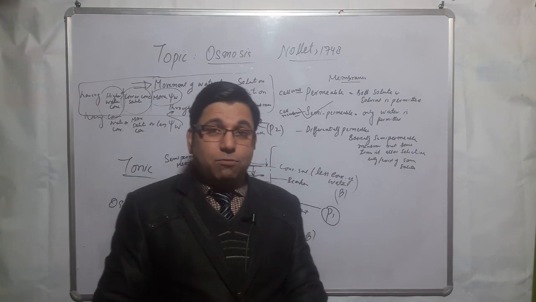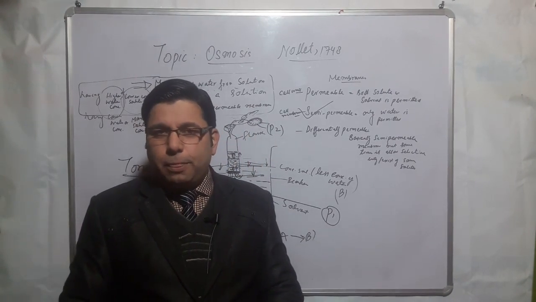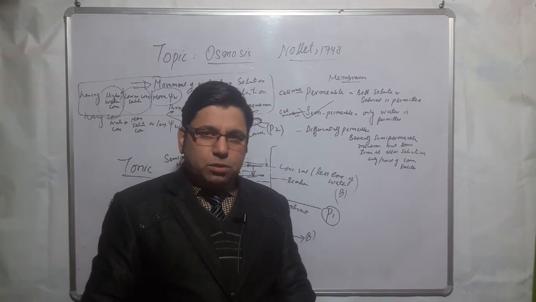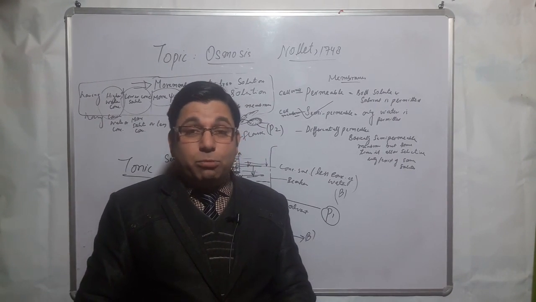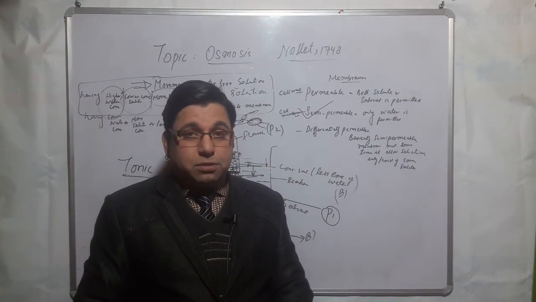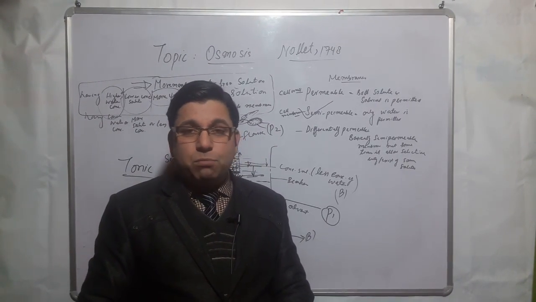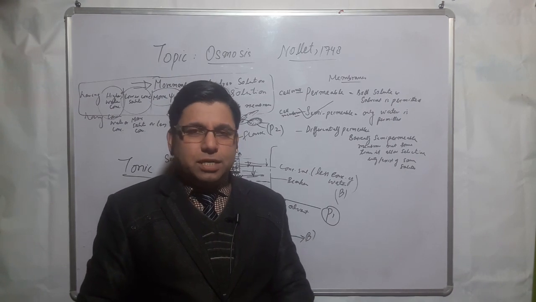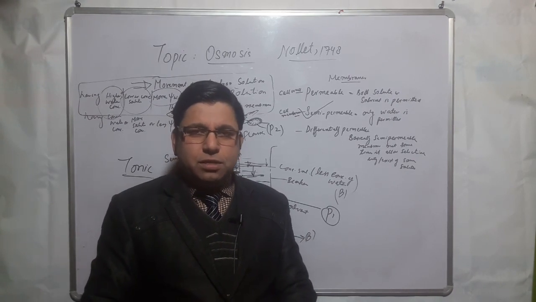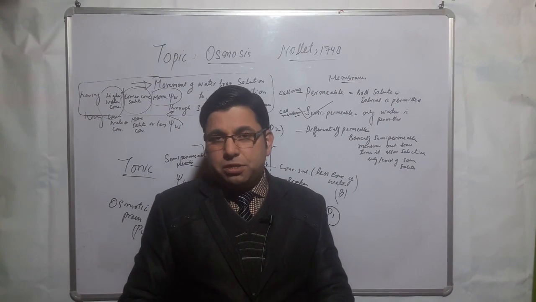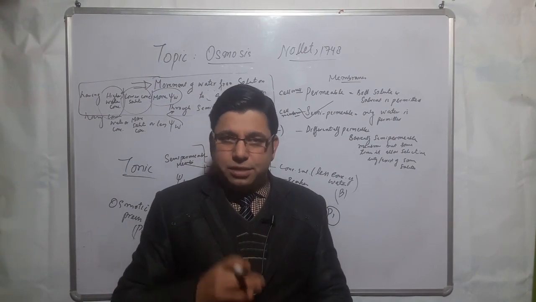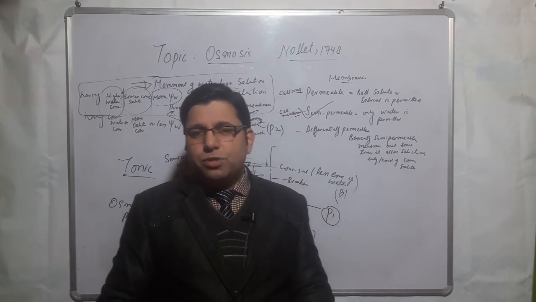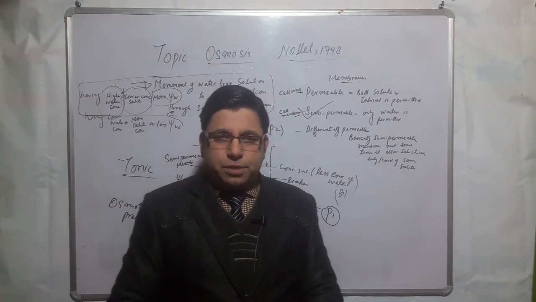There is a cell wall pressure. There is osmotic pressure. So the movement is not as simple as you think. It's always accompanied by a cause and effect relationship, done by a pressure system. This pressure related to osmosis is called osmotic pressure.